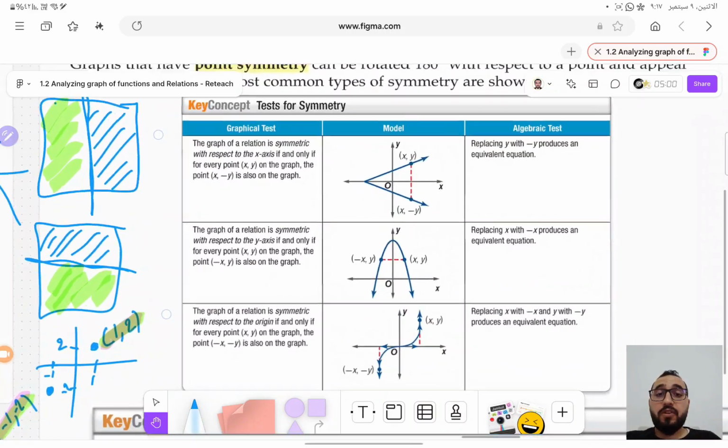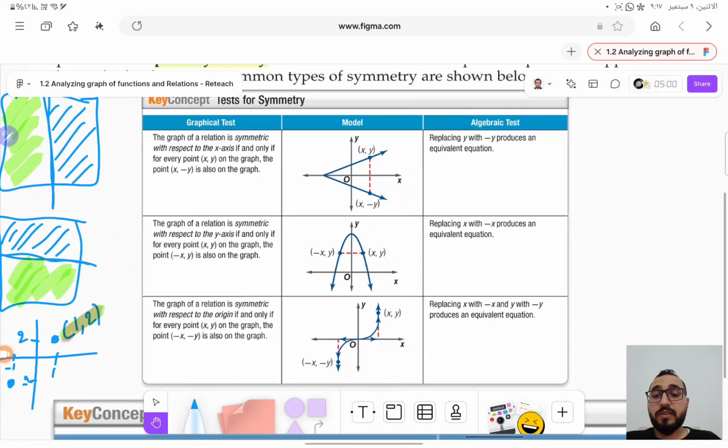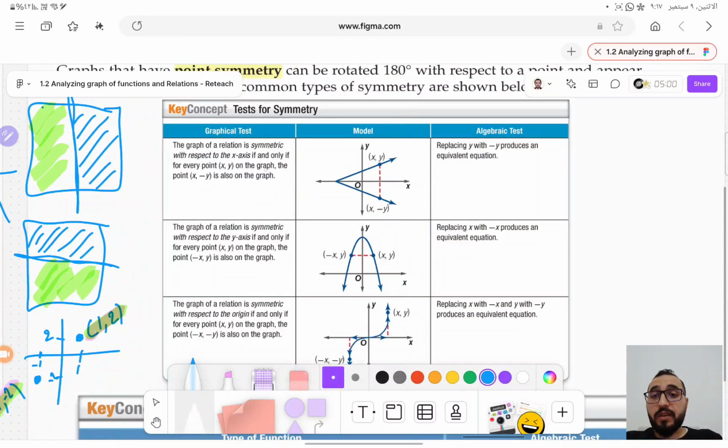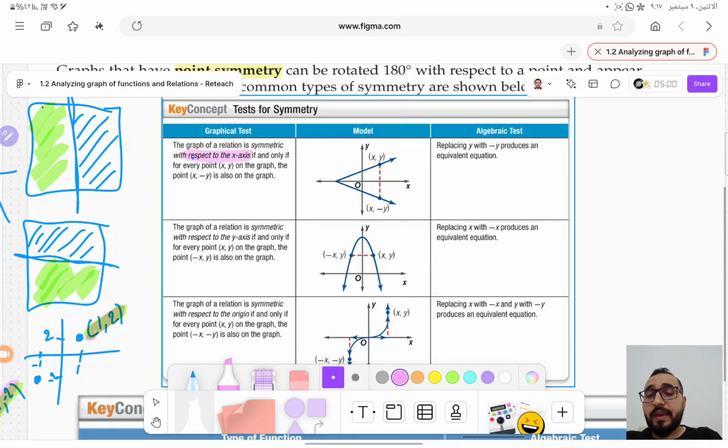Now if you look at this table, this graph represents everything. The first one is the model. When you have symmetry over the x-axis, the graph of the relation is symmetric with respect to the x-axis, and the x will stay positive while the y will be negative.